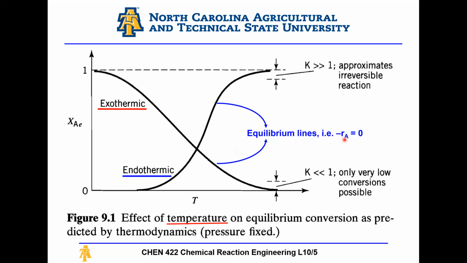So the overall change in number of moles of A is equal to 0, right? Minus r_A equal to 0 does not mean that the reaction is not happening. Just remember the definition of minus r_A: this is dN_A by dt, and this means that the number of moles of A does not change with time.